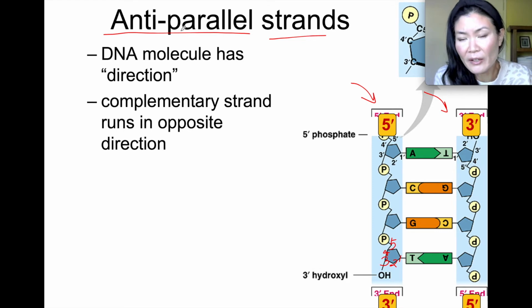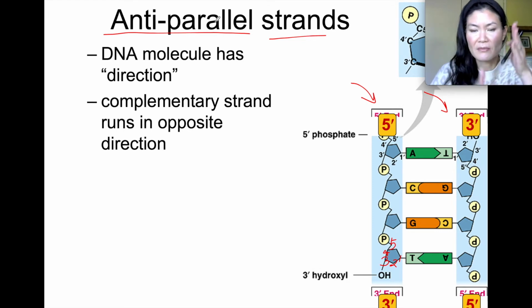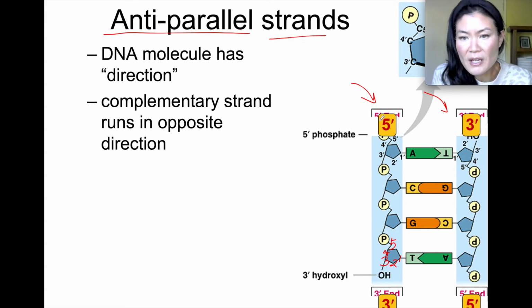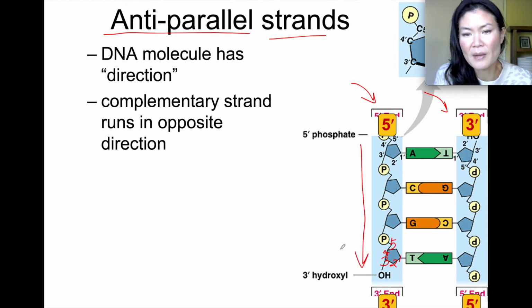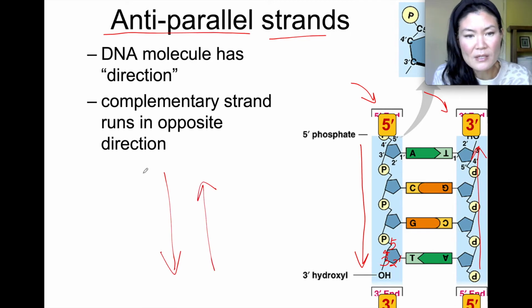But parallel means that they're going side by side. So the 2 strands of DNA are parallel to each other, but the directionality of the strands are opposite to each other. This is the 5' to 3' end. This is the 5' to 3' end. They're going in opposite directions. So this is the 5' end, this is the 3' end. This is the 5' end. This is the 3' end.